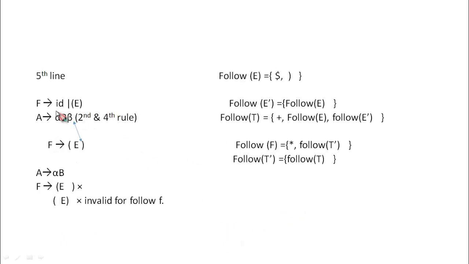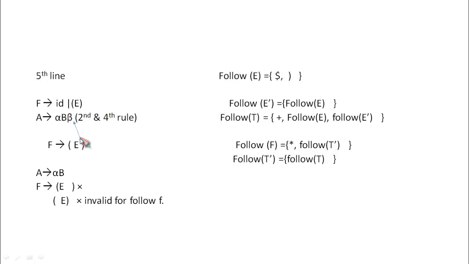For the fifth line, identifier is a single terminal symbol, then bracket E bracket, so we compare this combination: alpha is the opening bracket, B is E, and beta is the closing bracket.